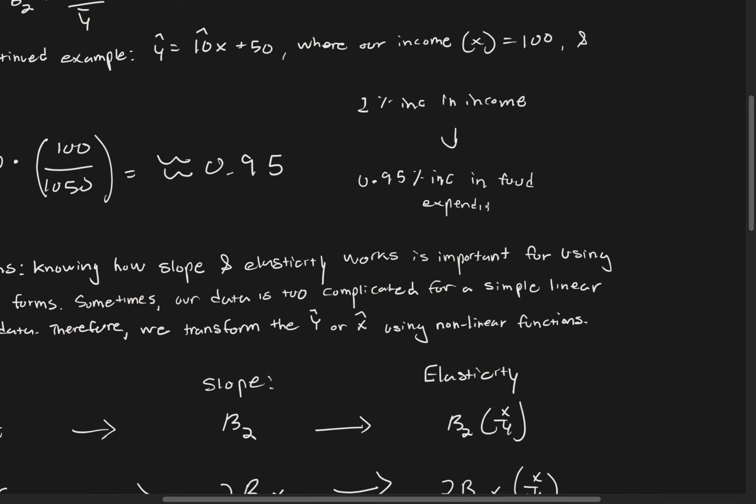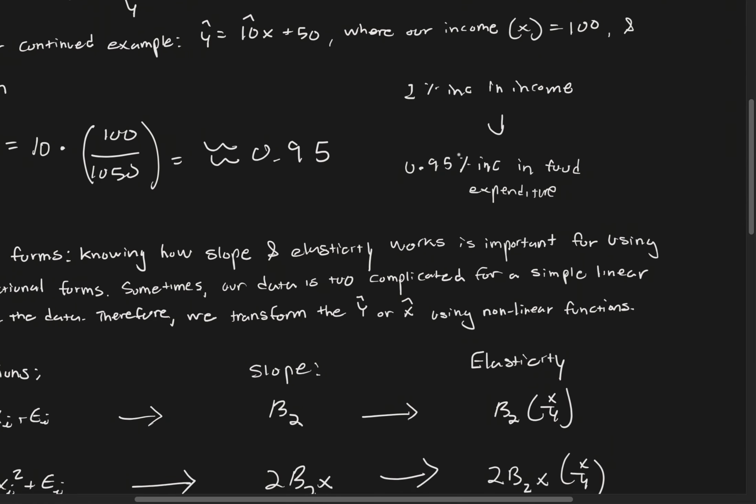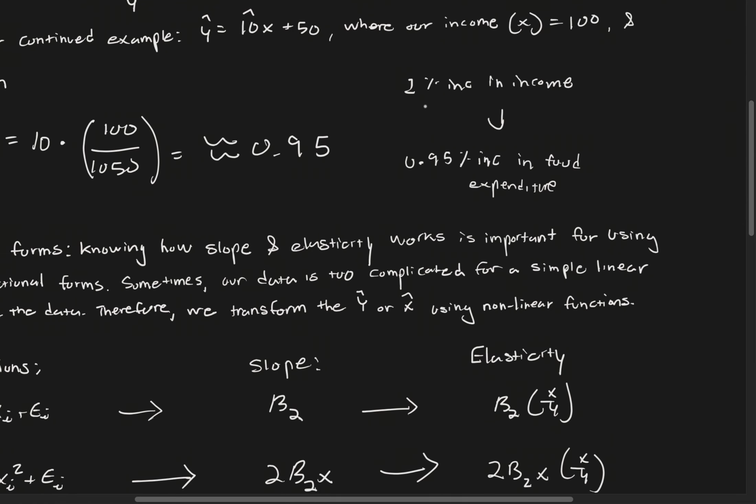So not a 95% increase, a 0.95%, so less than 1%. So our food expenditure increases as income increases, but not by a direct linear relationship. Food expenditure will kind of lag a little, not totally proportional to our increases in income.